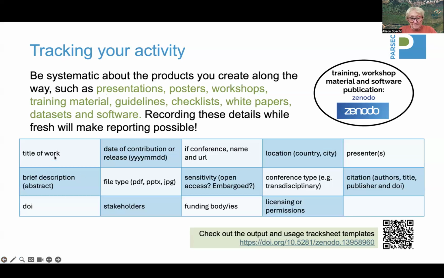Title of work, date of contribution or release, and some of these are Belmont Forum mandated, by the way. If the conference, name and URL. So when you report, whoever's doing the job of reporting has to add the name of the conference and its URL in the reporting.